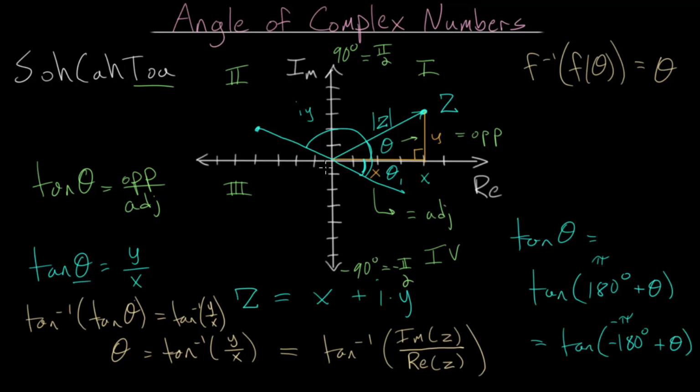And likewise, if we have a point, let's say down here, and we apply it to our formula, we will actually get the angle that is right here. And this is getting a little bit messy. But we will get an angle in the first quadrant, and in that case, we will have to subtract 180 degrees to be able to figure out this angle right here in the third quadrant.